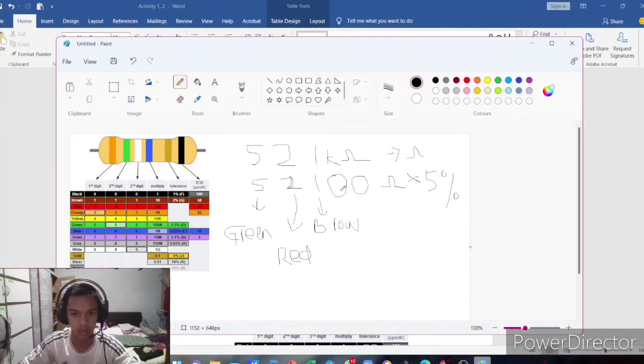And this is multiply, so 2 digit means 100, so red. The tolerance is 5%, which is gold. So 52.1 k ohm, we get green, red, brown, red and gold.